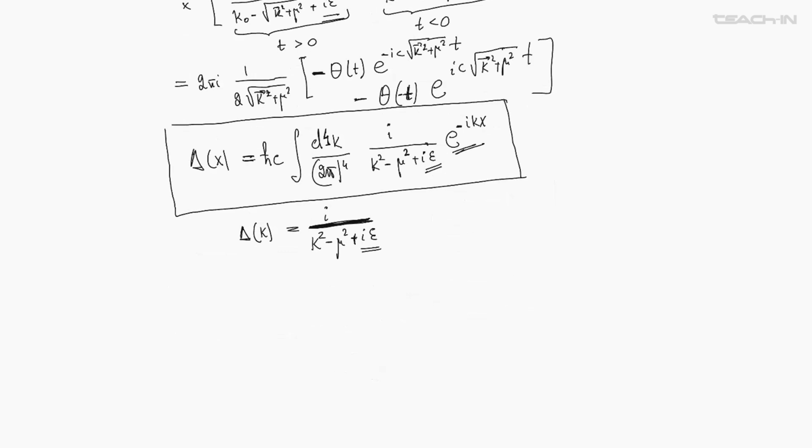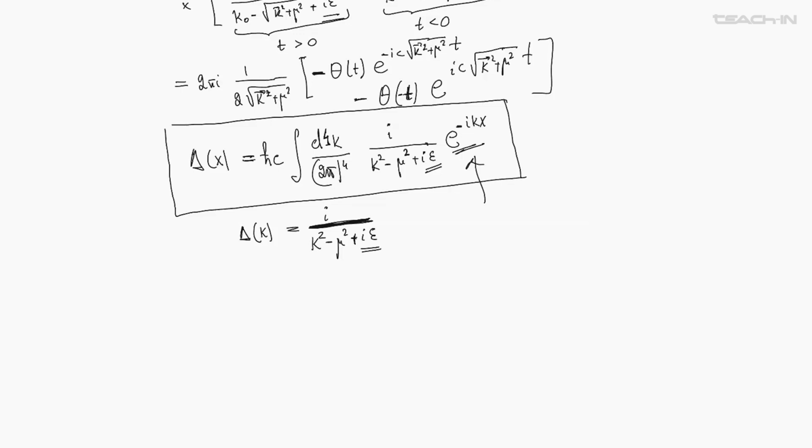What you can do also, you can actually compute this integral explicitly and see how delta of x looks in the x space in terms of known special functions. The expression is rather complicated, but you can make the corresponding computation.